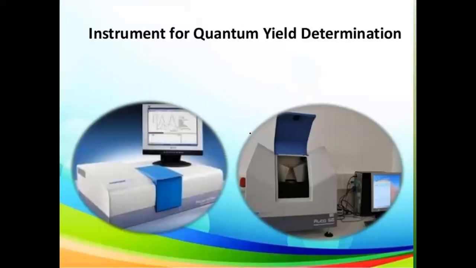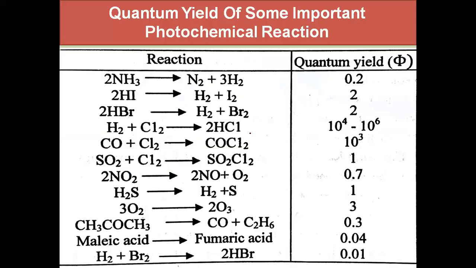Next, these are the instruments for the quantum yield determination. Quantum yield of some important photochemical reactions. Here are some given reactions. The NH3 molecule is decomposed into N2 and hydrogen, and its quantum yield is 0.2.